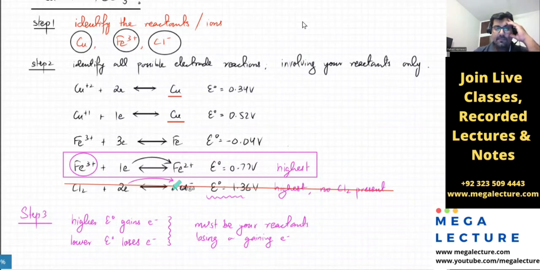Okay, so I figured out who's the highest potential. That's the one that's going to gain electrons. And now I'm going to figure out who's the lowest potential. The lowest potential is the one that loses electrons. So who's the lowest? The lowest at the moment is the Fe1.